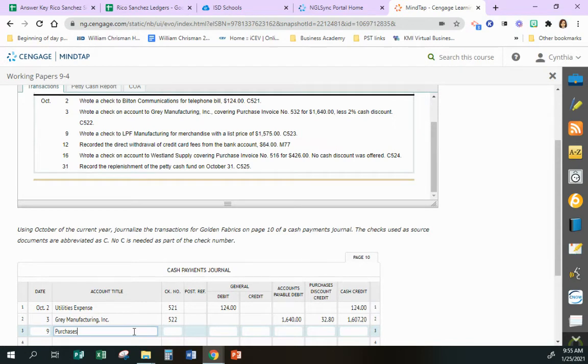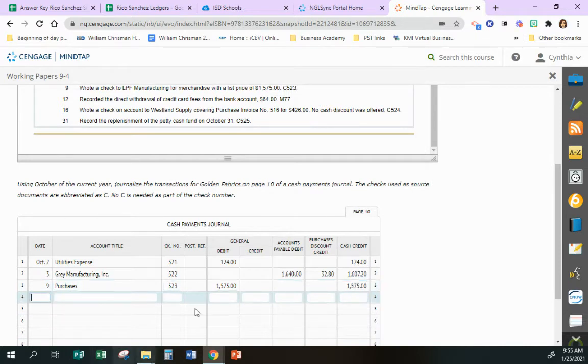So we're going to put the account purchases there in the line, and it is check 523. That's going to be a debit to purchases, because purchases is a debit, and a credit to cash. So when you purchase merchandise for cash, it goes in the cash payments journal. When you purchase merchandise on account, it goes in the purchases journal.